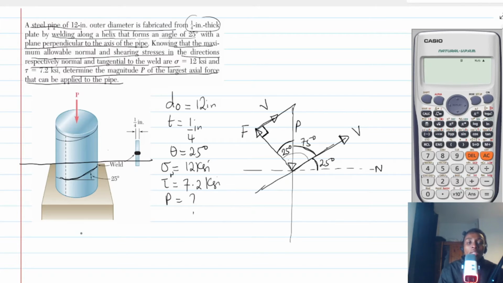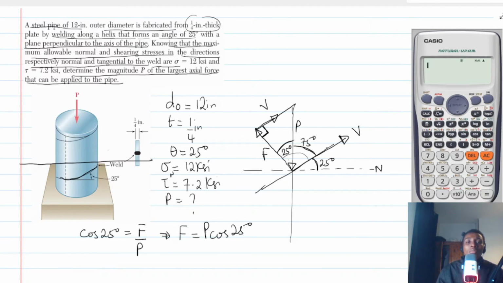From here, we can say that cosine 25 will be adjacent. But what is the adjacent? The adjacent is actually the F, which is this side, okay, divided by the hypotenuse, which is P. The 90 degrees is facing P. All right. So we can say that F is P cosine 25.